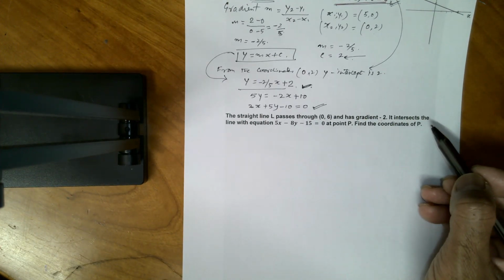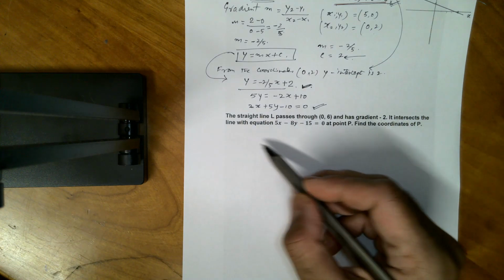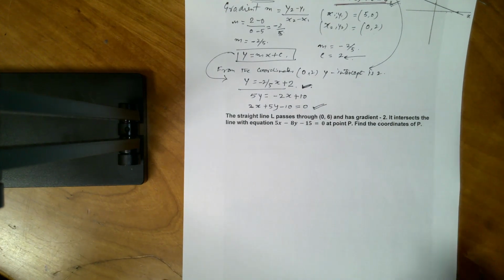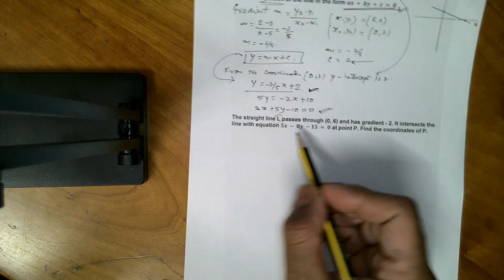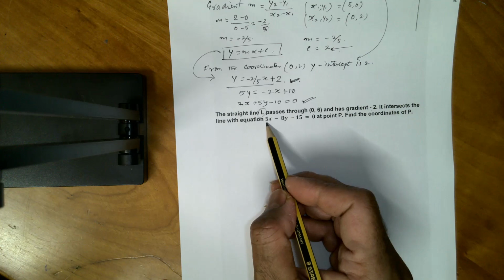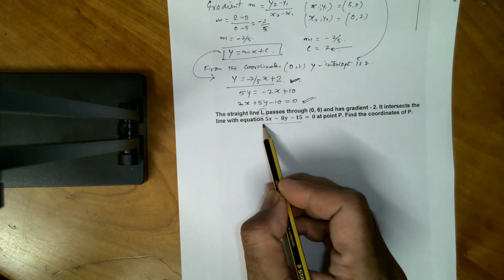And it intersects the line with equation, so in this one you have been given this straight line L, and you are also given another equation for a line. So these are two lines.